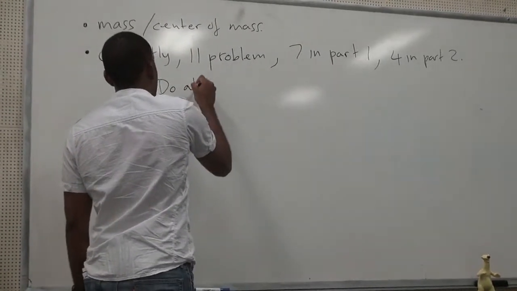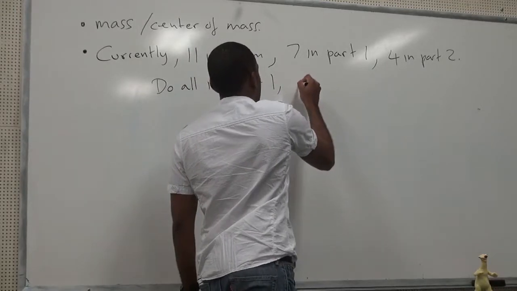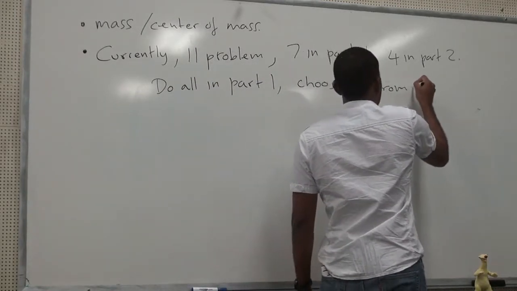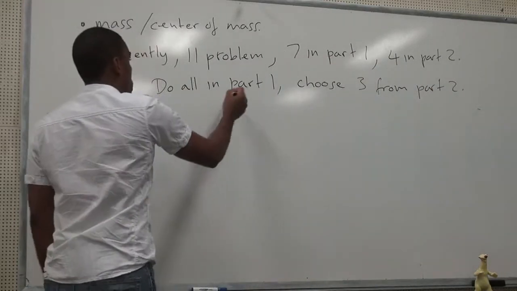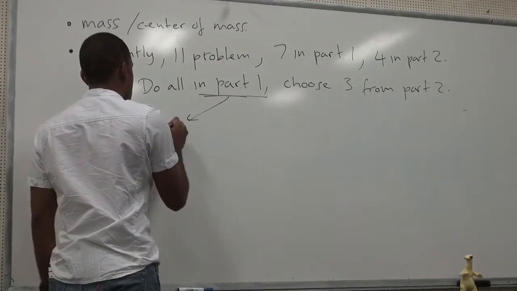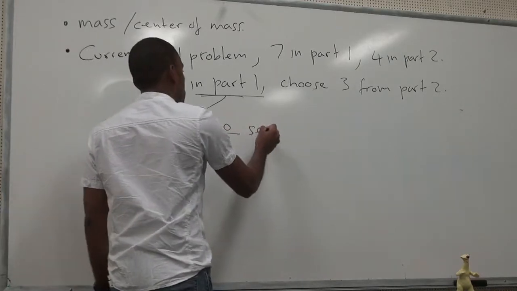You're going to be required to do all in part 1, and choose 3 from part 2. So part 1 is the mandatory section, and this includes 2 series problems.